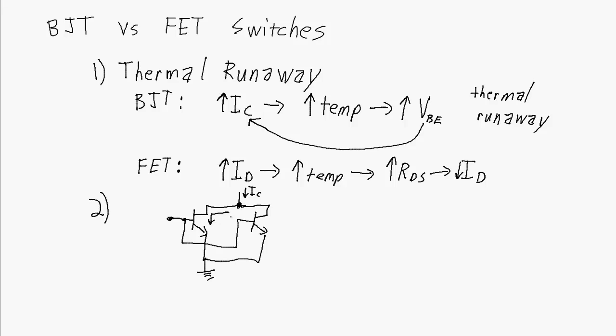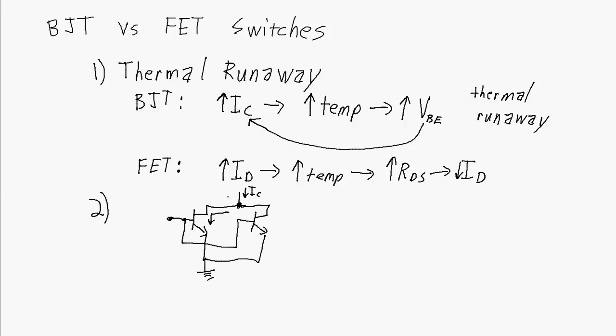So let's say it's this one that starts hogging current, and as it hogs current, it has the potential to increase in temperature, and you get this positive feedback loop going on again with thermal runaway. This BJT here is going to eventually burn out, and then the only path for the current will be through the second BJT, and it also will burn out because it wasn't rated for this collector current.